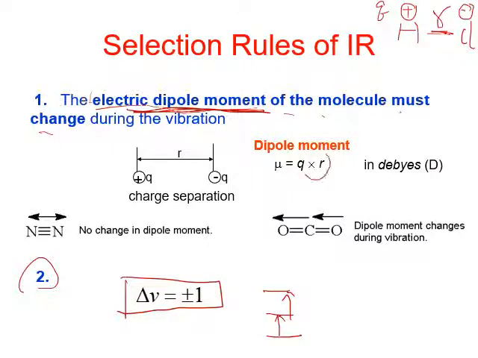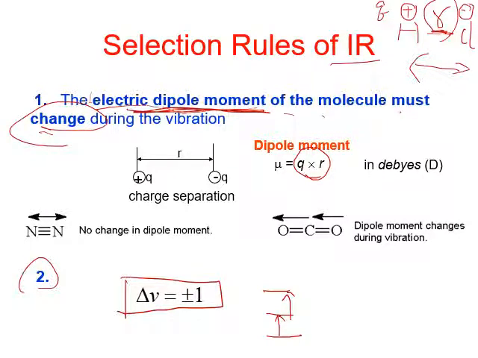Okay, so the charge times bond length. So when the molecule vibrates, for example, it becomes longer, the bond length increases, and then the dipole moment changes. And for hydrogen chloride, then it will absorb the infrared because the dipole moment changes.